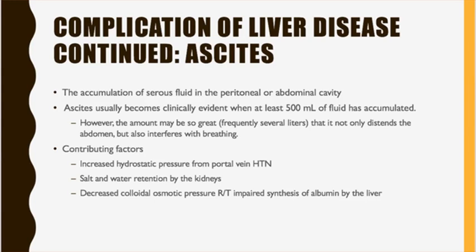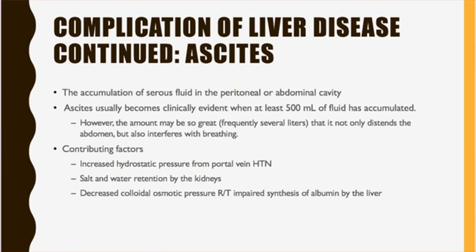Some contributing factors are the increased hydrostatic pressure from the portal vein hypertension. And then there's salt and water retention by the kidneys. And the third one is that decreased colloidal osmotic pressure. And the reason behind this is because of impaired synthesis of albumin by the liver.